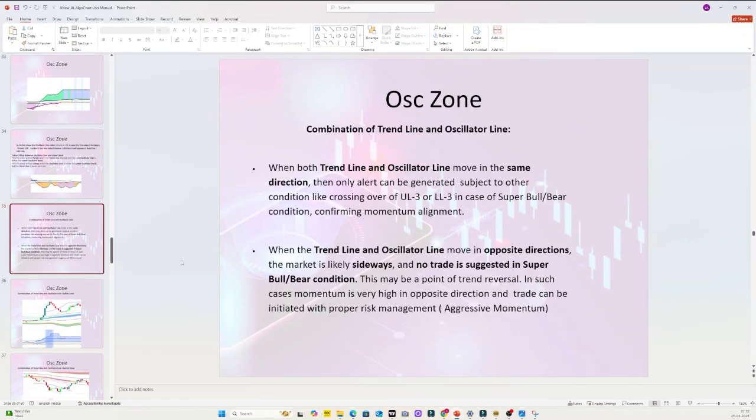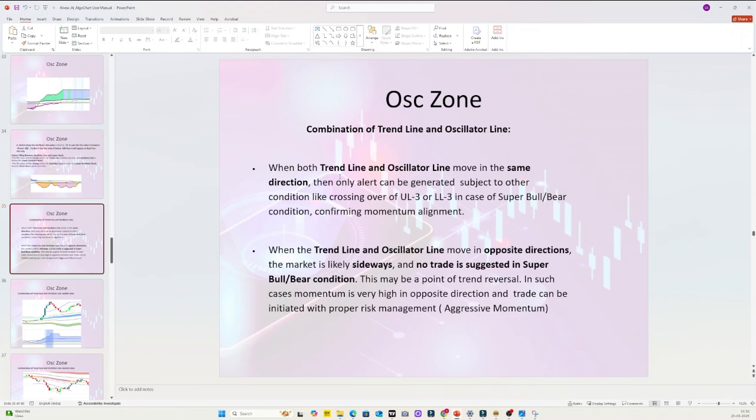Now coming to how we read the combination of trend line and oscillator line behavior. The combination is one representing the direction and the other the speed. So what will happen when direction and speed are both in the same direction?